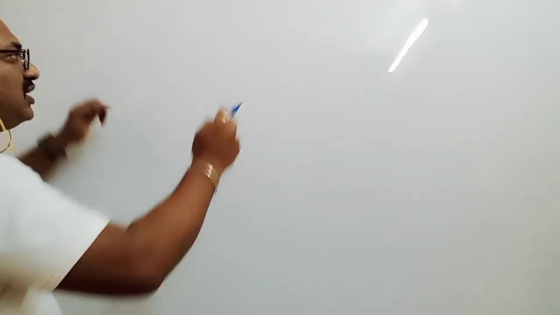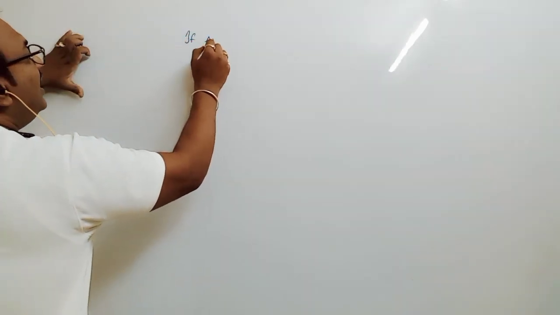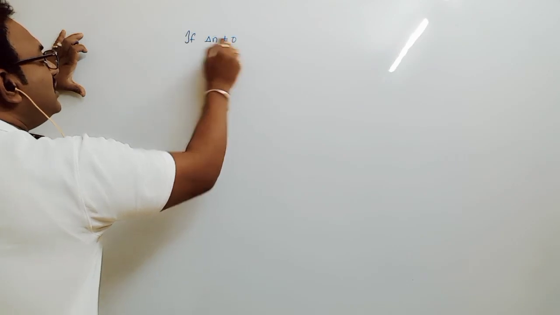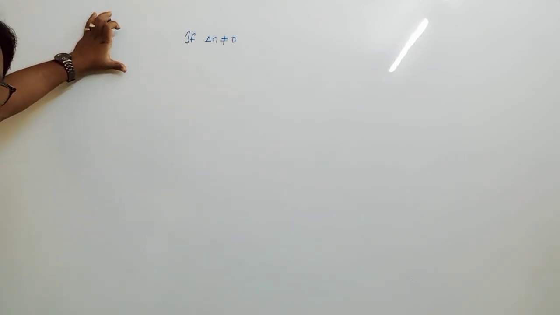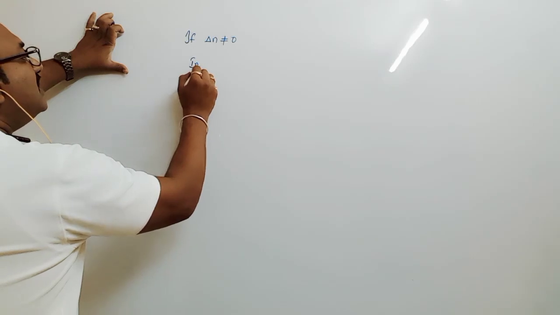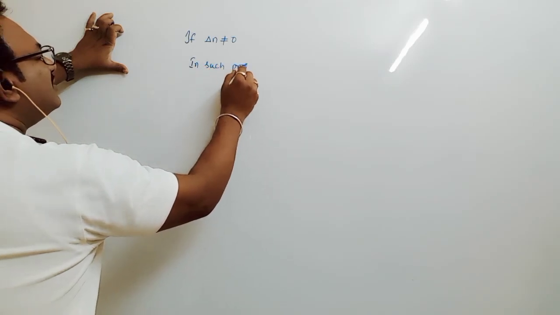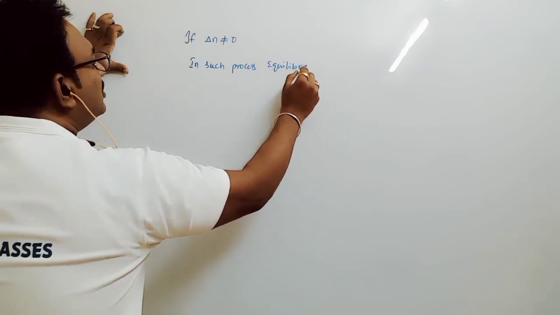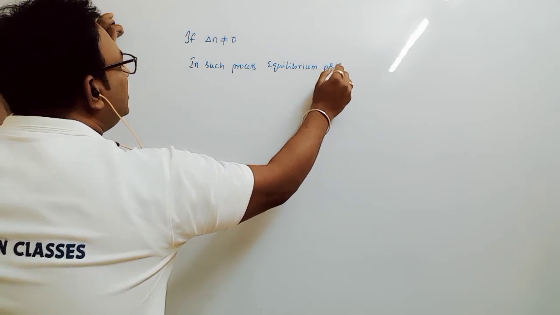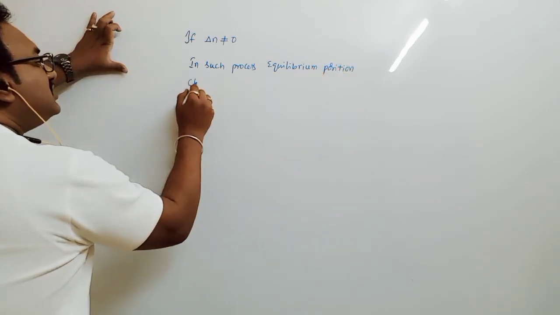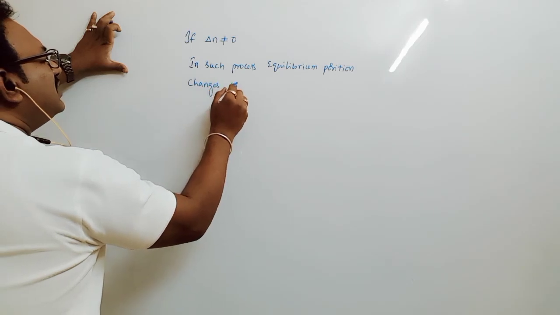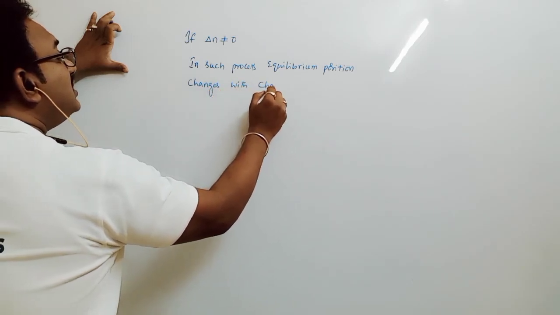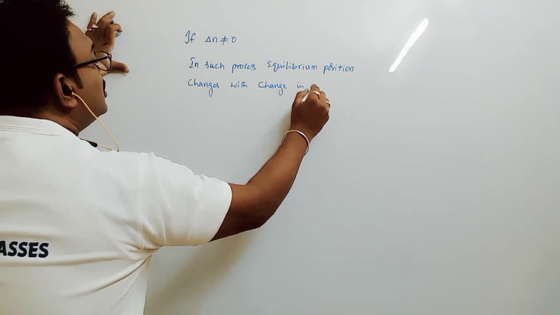But we can go for the shortest way here. For exam purpose, let me go through it in the shortest way. Okay, guys. If delta n is not equal to 0, in such process equilibrium position changes with change in pressure, right?